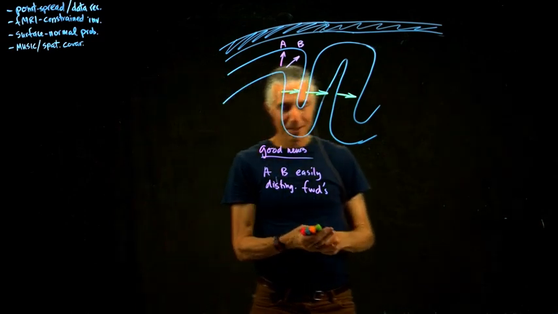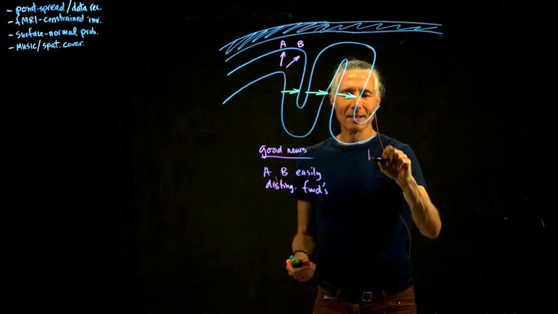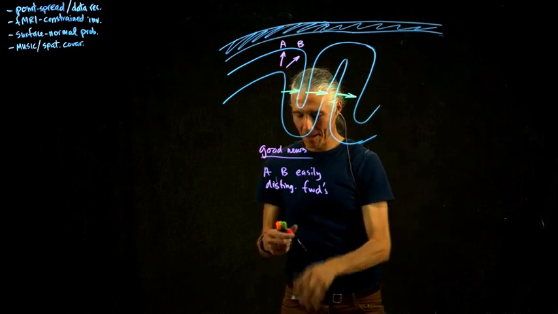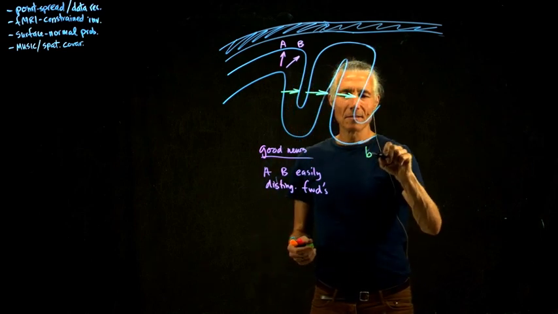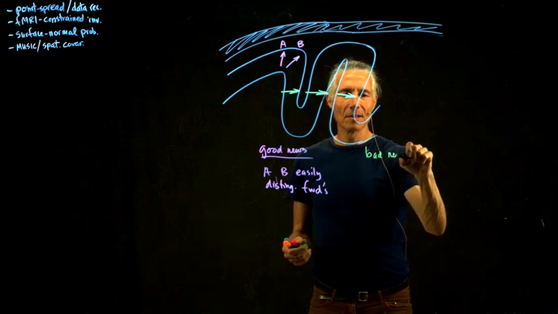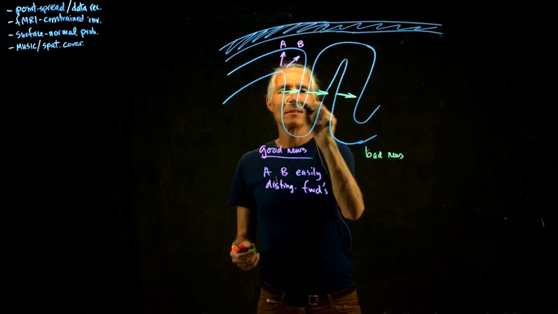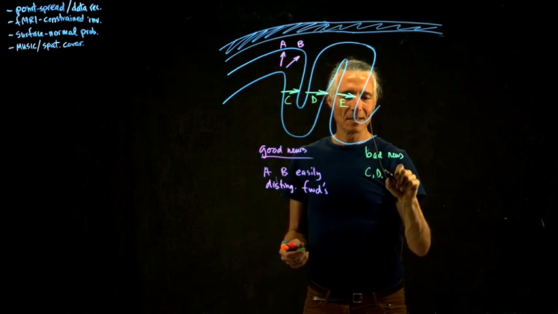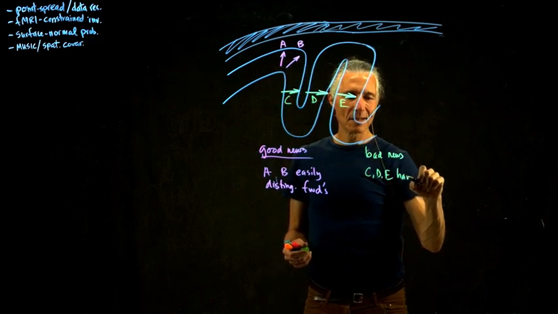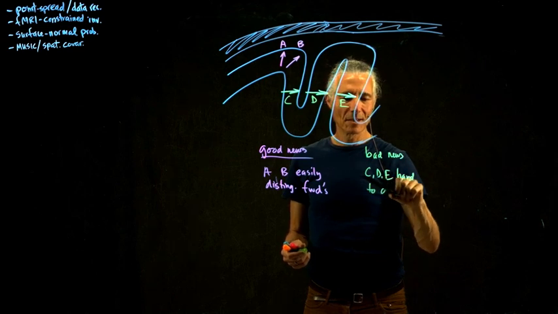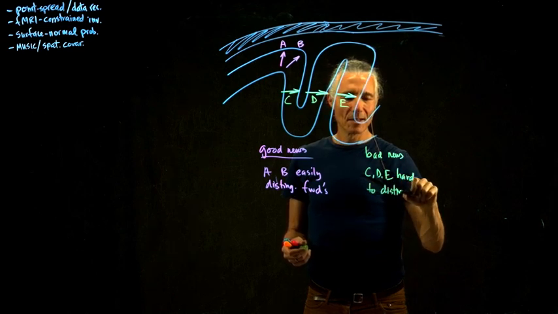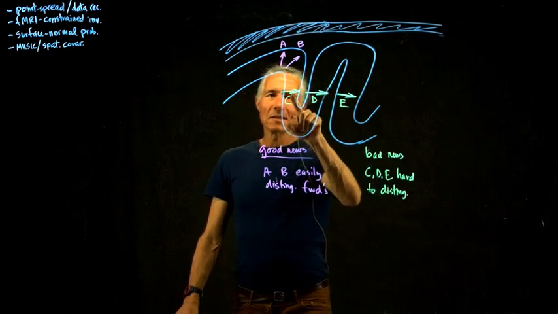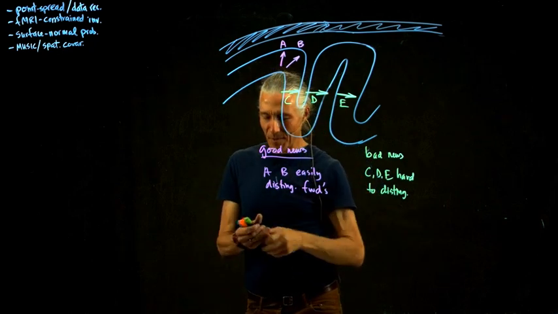So the bad news is that C, D, and E are hard to distinguish. Now there's a problem there, which is that this one would be a negative dipole, right?